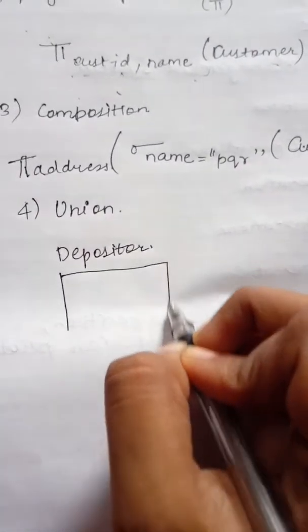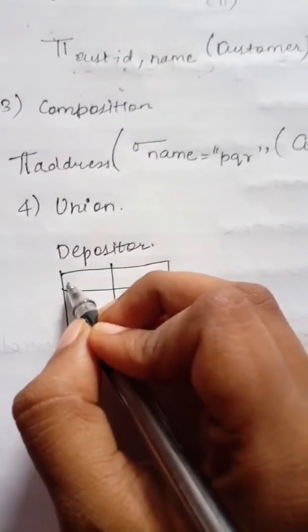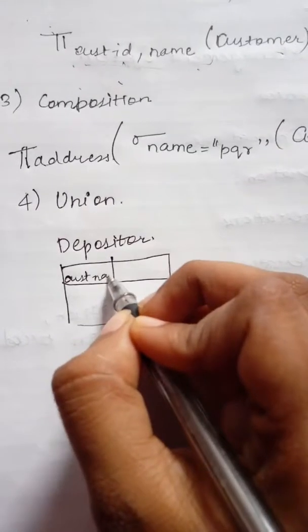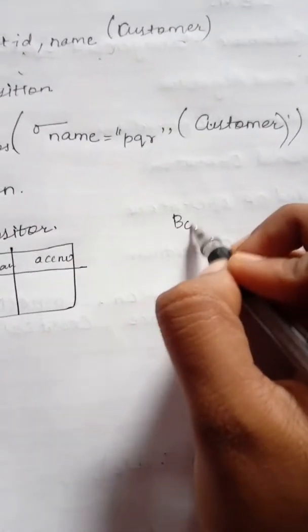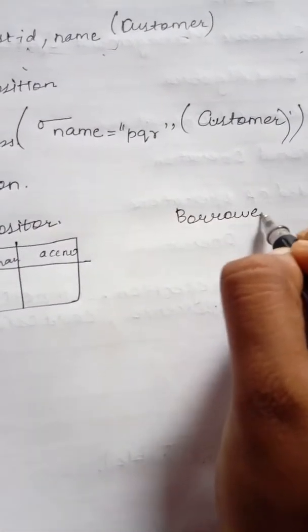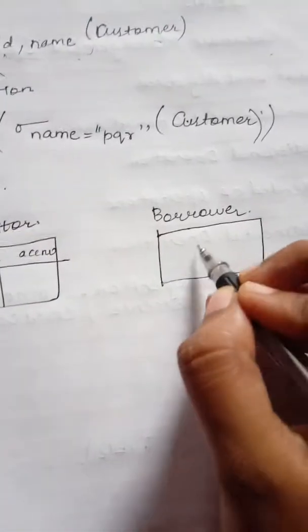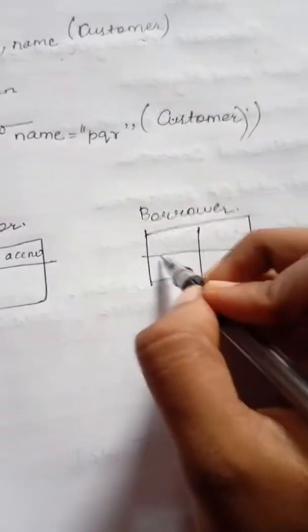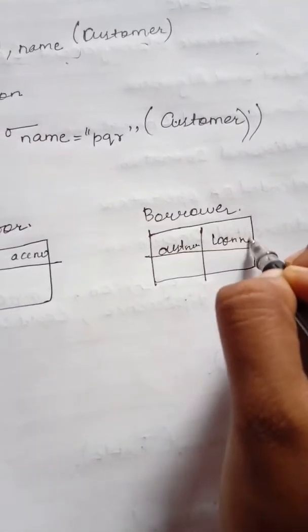The customers who have an account will be displayed in this depositor table, which consists of customer name and account number. And I have a borrower table which consists of the customers who have taken a loan: first customer name and then loan number.